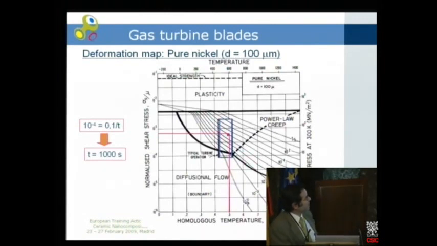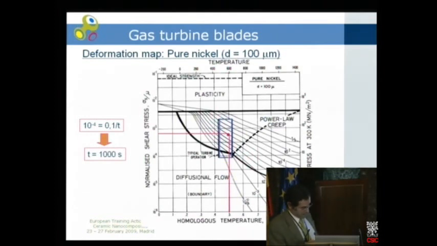But the important thing is that the creep micromechanism acting over this blade at this condition is power law creep. So it is the movement of dislocations along their slip planes, and then the climbing of dislocations to the same slip planes in other positions.